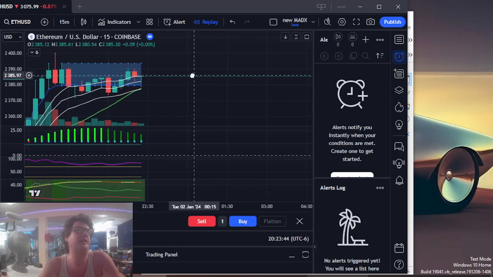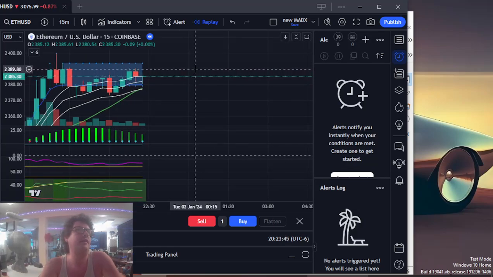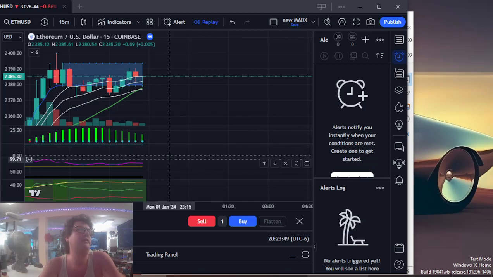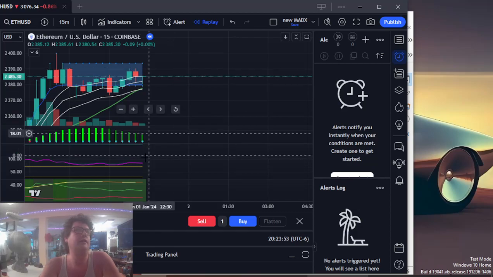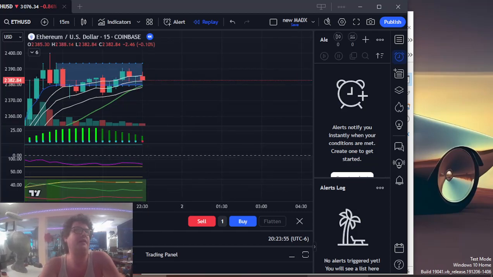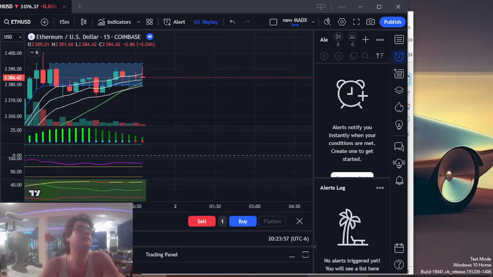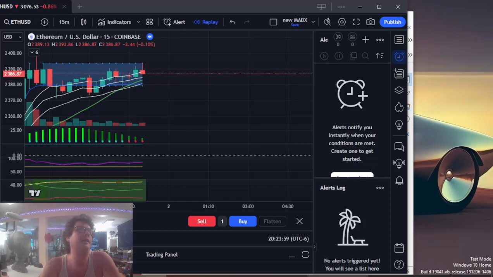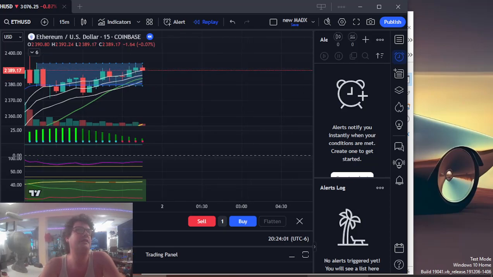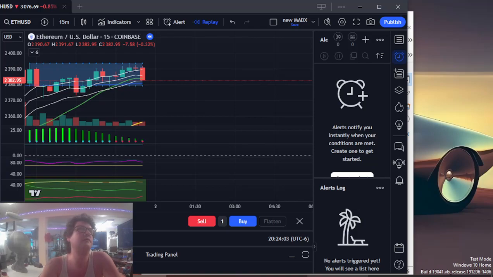It's kind of starting to look like a double top right here. Do we have RSI divergence? No, but I bet that's going down. Maybe not, though. That's not really part of the strategy.